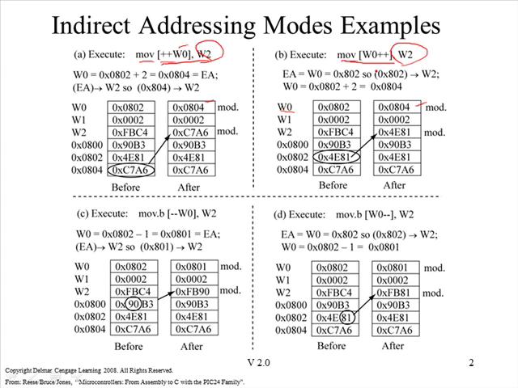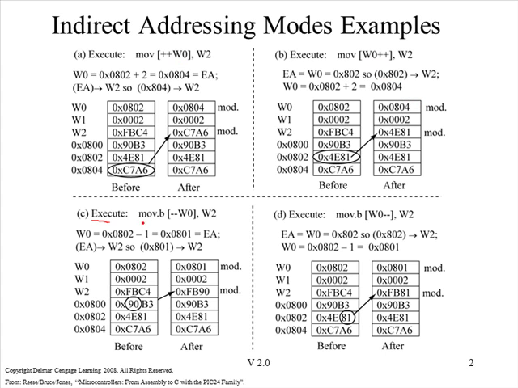In this case right here, W0 is incremented after the move operation is done, causing the two cases to use different effective addresses for the source operand. In this case, the effective address for the source operand was 804. In this case, the effective address of the source operand was 802.